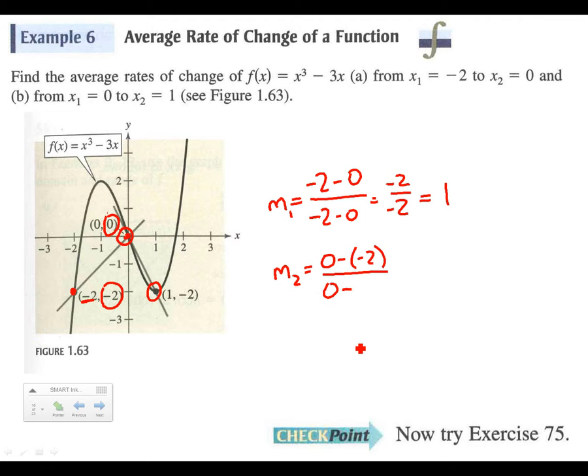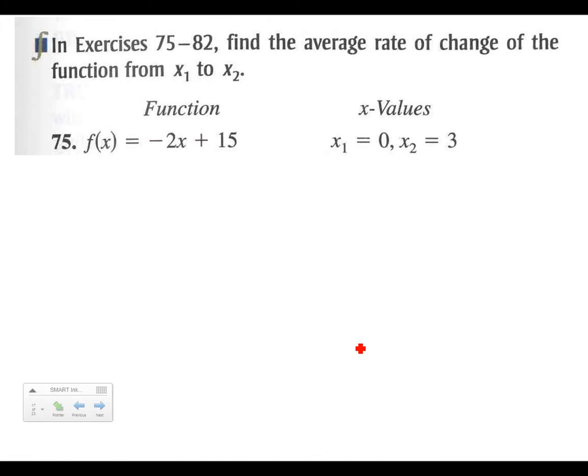We go from 0 to 1 in our x's, and so we have a slope of 2 over -1 or -2. Slope is -2. We call it rate of change. On average, how much did we change in between those 2 points? So see if you can find the average rate of change on problem 75.